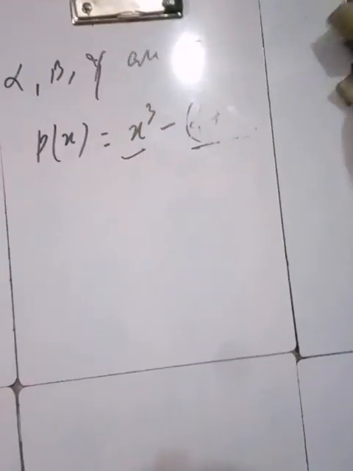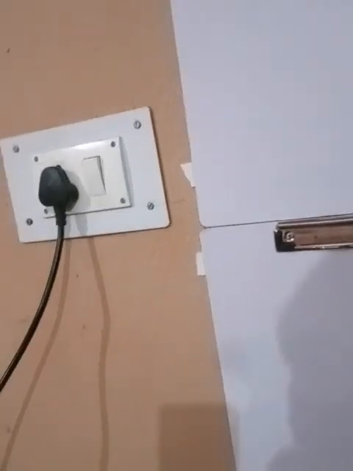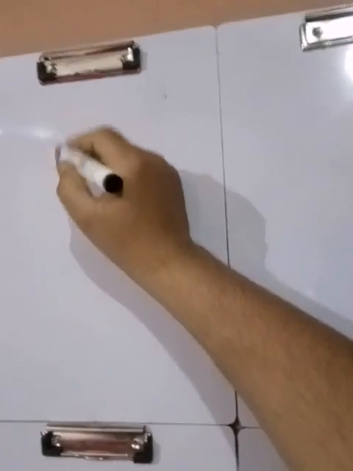Now we go for some more questions. The first question was where three zeros were given and we had to verify whether they are zeros of the polynomial or not, and also verify the relation between zeros and coefficients. In the next question, zeros will be given and you have to find the polynomial. So write down the question.